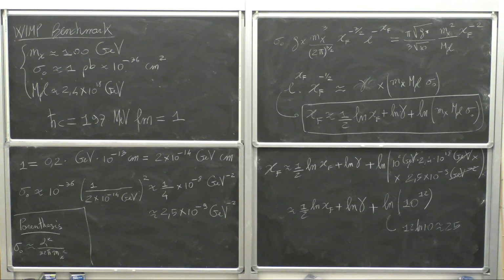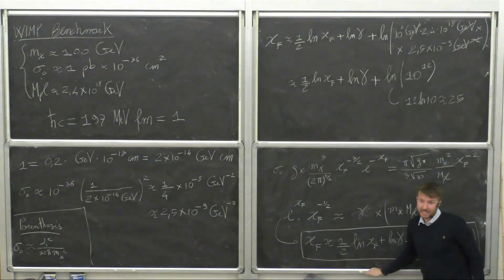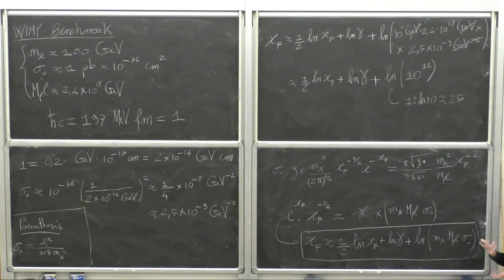Keep in mind what I said already. If the dark matter mass is not around 100 GeV, even if it's 1 GeV, or if the cross section changes by a factor of 10 or 100, these are minor perturbations to the freeze-out temperature.